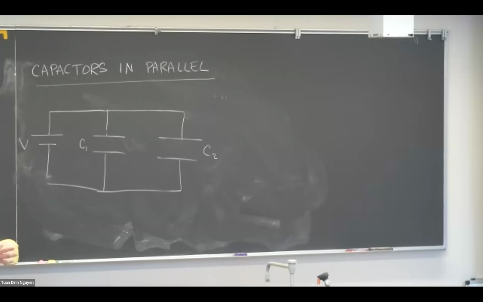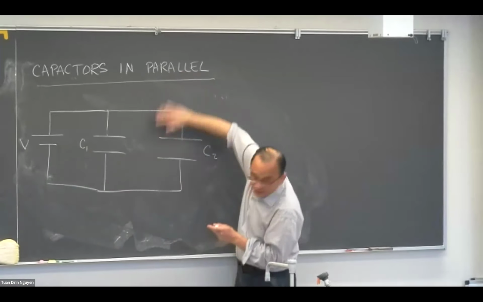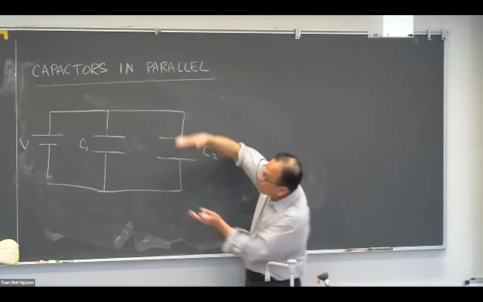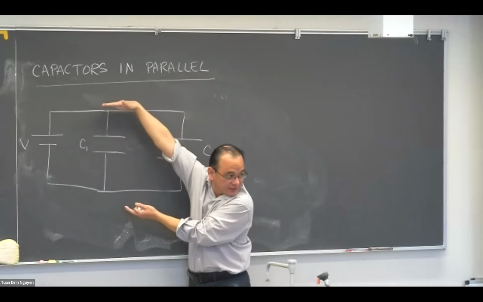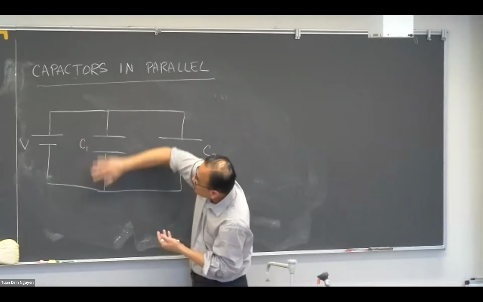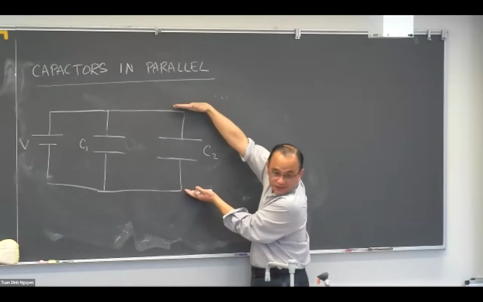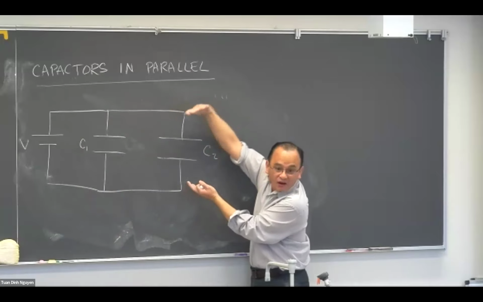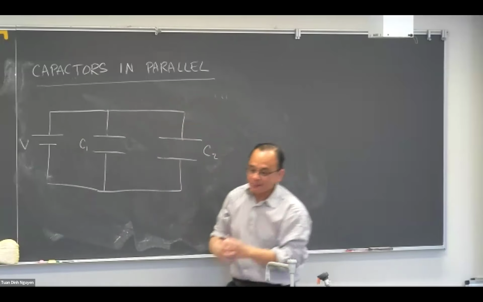Technically, parallel means they both see the same voltage. When I say that, students have trouble understanding what that means. But in this picture, if I ignore this one, what voltage is going across C1? The battery's. If I ignore this, just pretend it's not there, what voltage does C2 see? Also V. That's what parallel means.